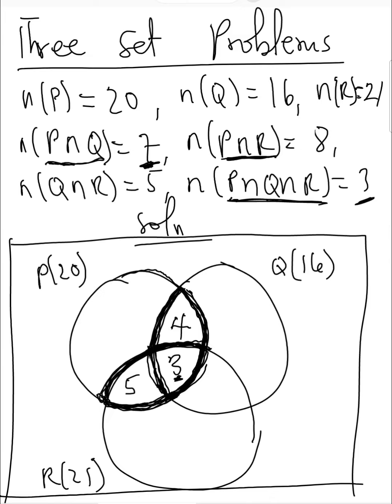Okay. Now let's look at the next one, which is Q intersection R. So Q intersection R. Where is the circle Q? The circle Q is this. Then the circle R is also this.